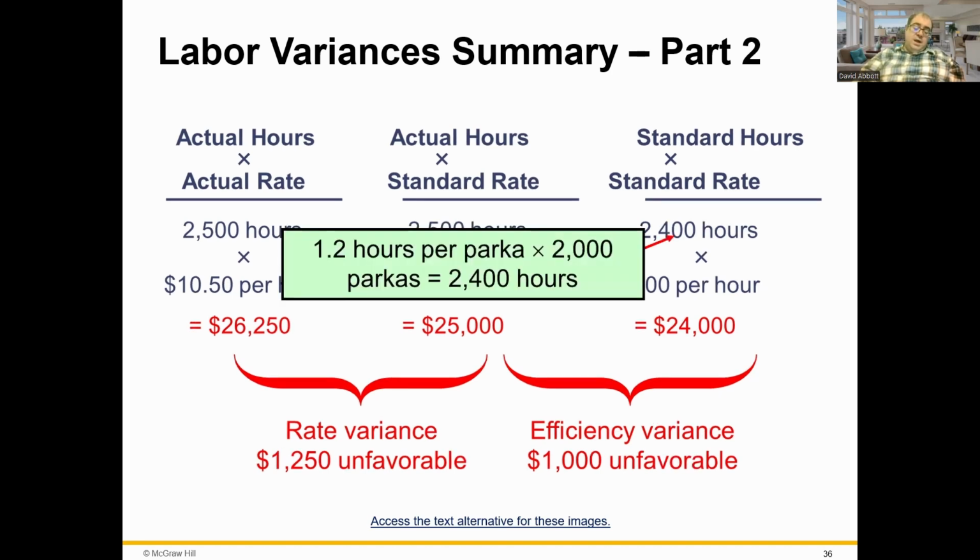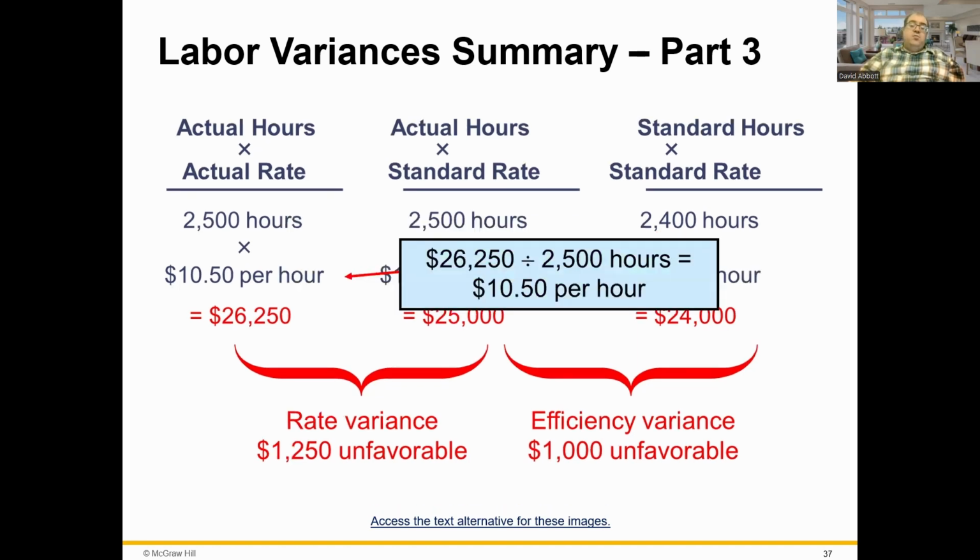And then some supporting additional computations. So the standard quantity of 2,400 hours was computed as follows. So 1.2 hours per parka multiplied by 2,000 units gets you 2,400 hours. And the actual price or rate of $10.50 was computed as shown.